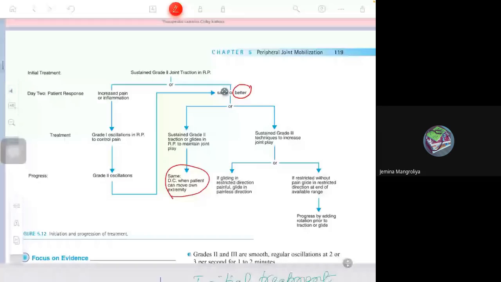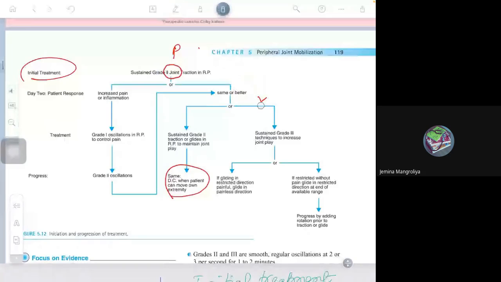If the patient is having better, that is from here to here. Day one, the patient came with pain. You gave grade 2 traction, distraction. What happened?